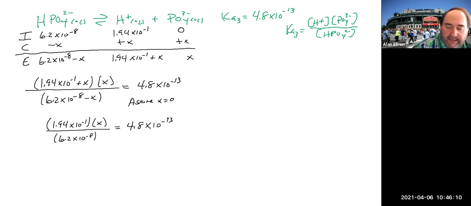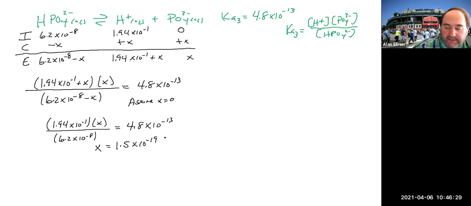Going to multiply the 6.2 times 10 to the minus 8 to the other side, and also divide by the 1.94 times 10 to the minus 1. That yields an x value of 1.5 times 10 to the minus 19.